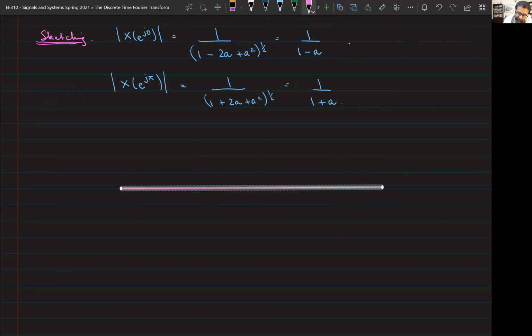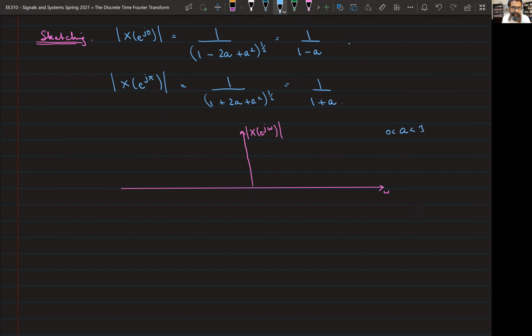Okay. So this is omega. And what we want to do is plot the absolute value of X of e raised to j omega. Let's consider first the case when a is greater than 0, that is 0 is less than a is less than 1, so a positive value of a.